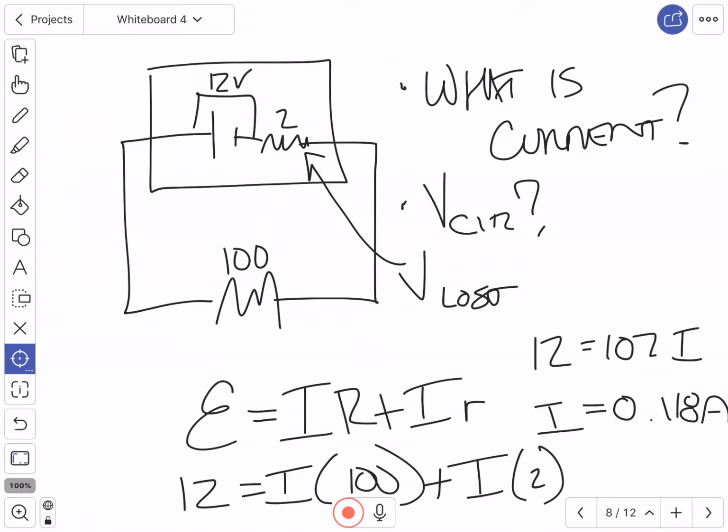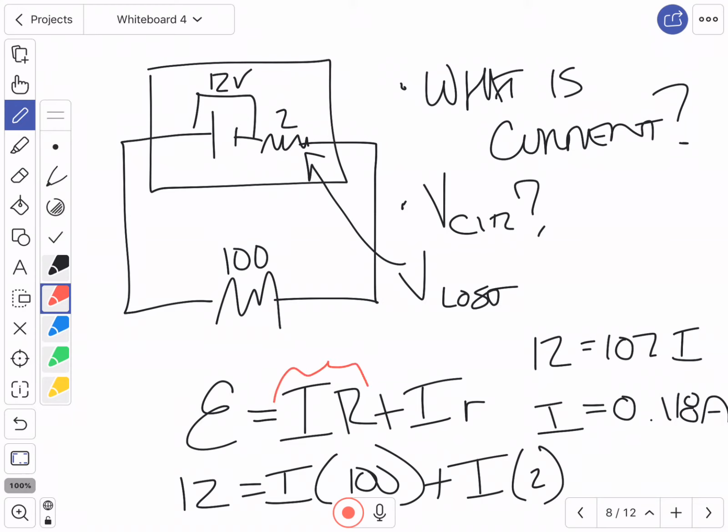If I then use that current back in my equation, I can find that this value here, I times R, is 11.8, and this value here is 0.2 volts. So the voltage of the circuit is equal to 11.8 volts, and that means the voltage loss is equal to 0.2 volts.